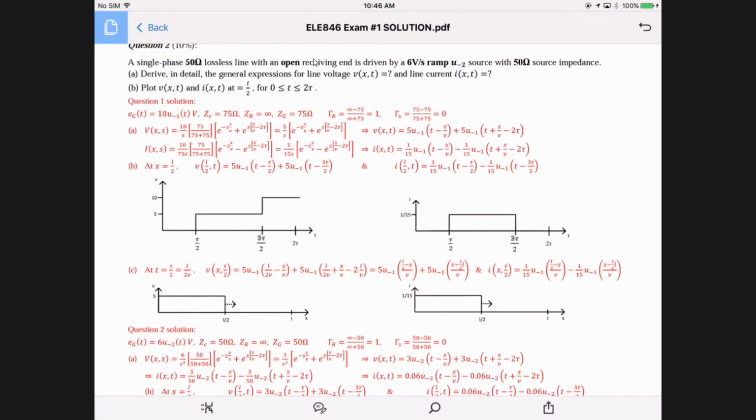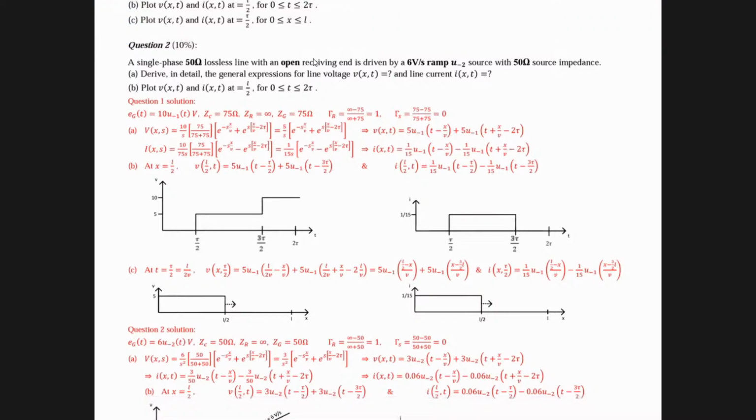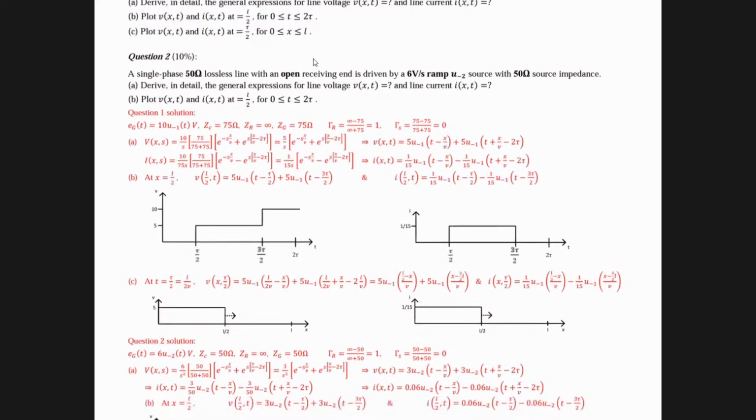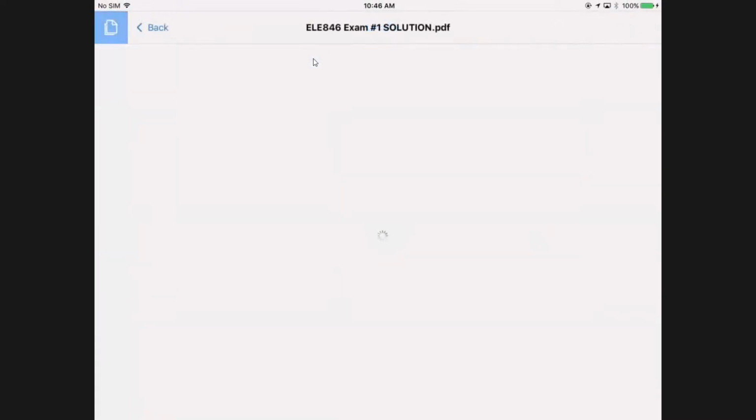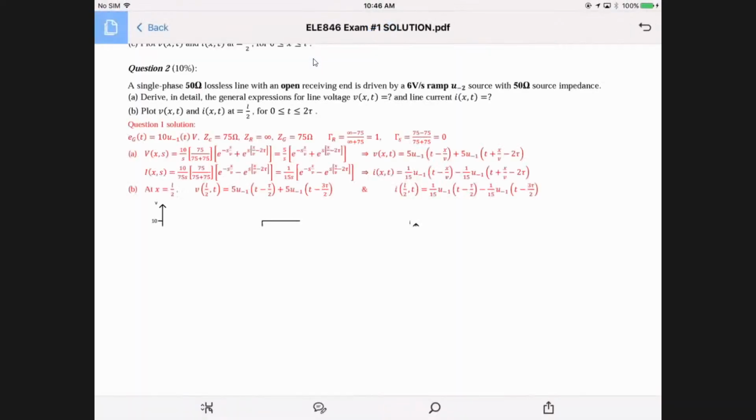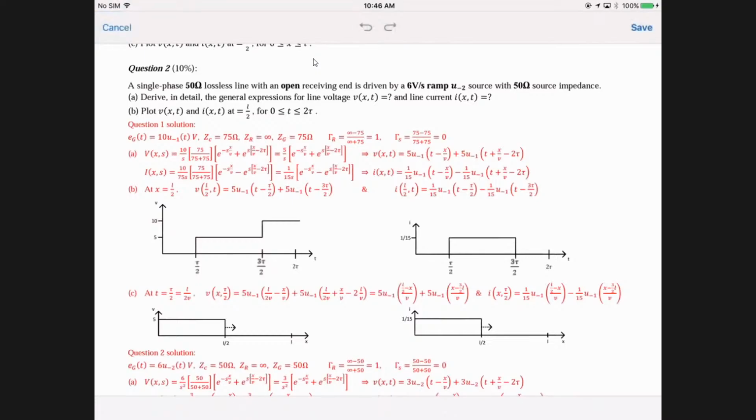So the C part is at the middle of the line. No, it's at t equals tau over 2. It's time based, not location based.